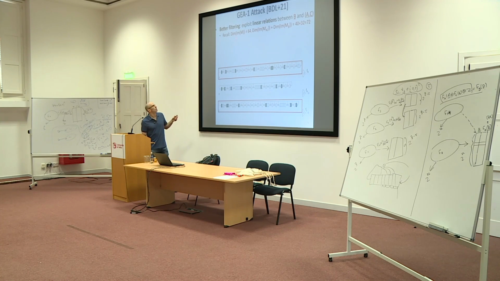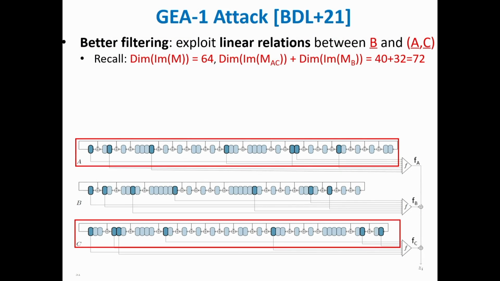Remember that the mapping maps a 64-bit state to a 96-bit internal state. So the dimension of the image is 64 because it maps a 64-bit state. On the other hand, the dimension of the image of M projected to AC is 40, and the dimension of the image of M projected to B is 32.